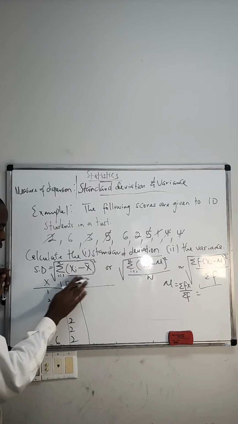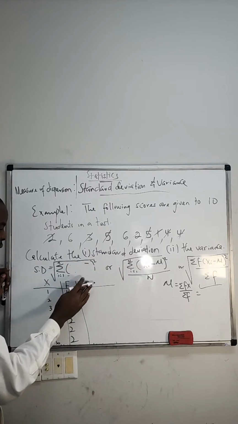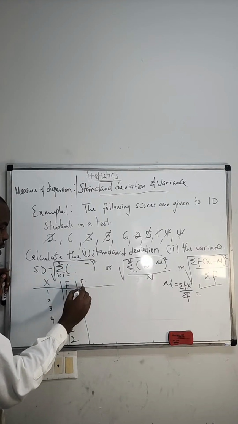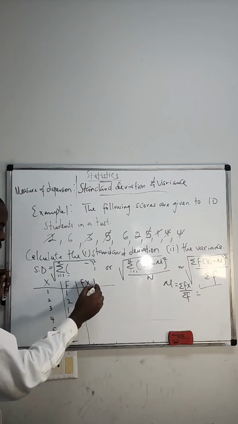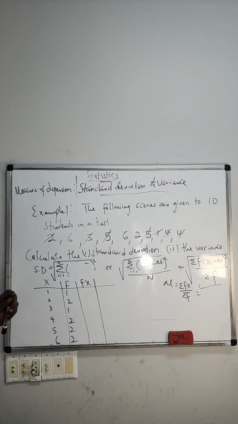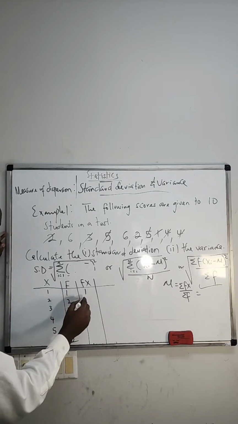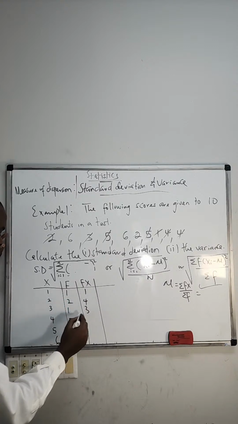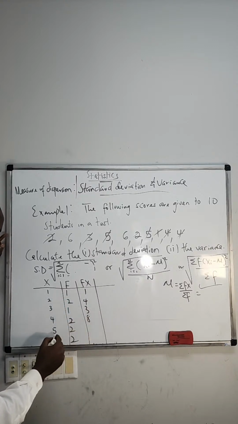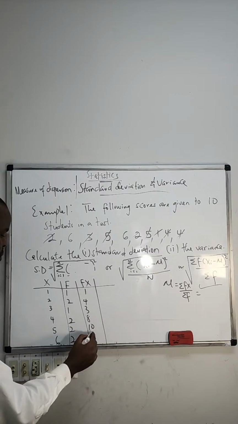Next we calculate fx. So 1 times 1 is 1. 2 times 2 is 4. 3 times 1 is 3. 4 times 2 is 8. 5 times 2 is 10. And 6 times 2 is 12.